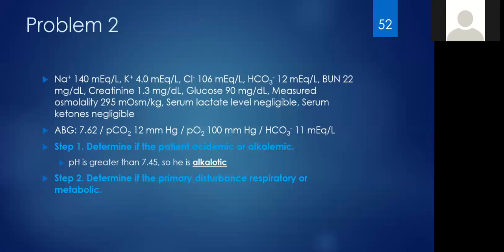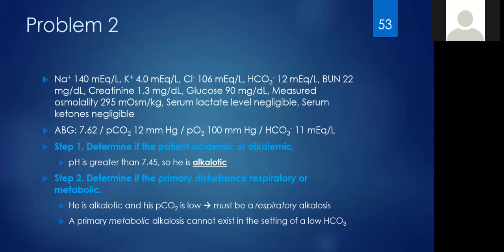Step 2 is determining the primary disturbance, whether it's respiratory or metabolic. Since the patient is alkalotic and his PCO2 is low, we know that the primary driver here is a respiratory alkalosis. You can't have a primary metabolic alkalosis if your bicarb is low, and his bicarb is low. So we know he's alkalotic and the primary driver is respiratory.